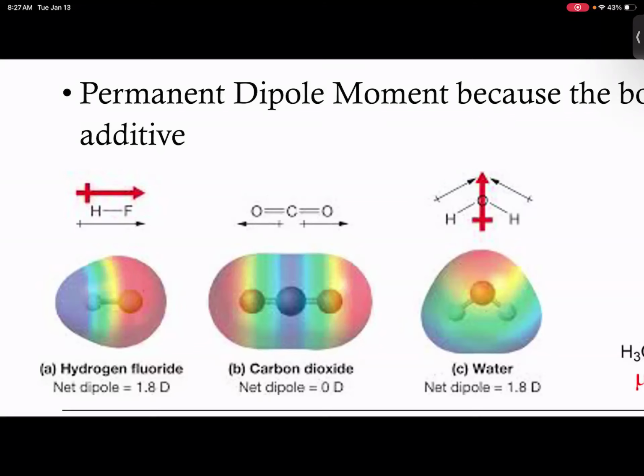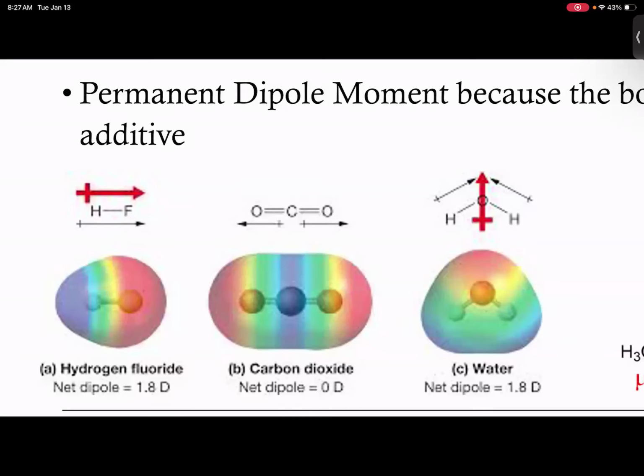But carbon dioxide itself is nonpolar because the two dipole moments cancel each other out. Water is a polar molecule.